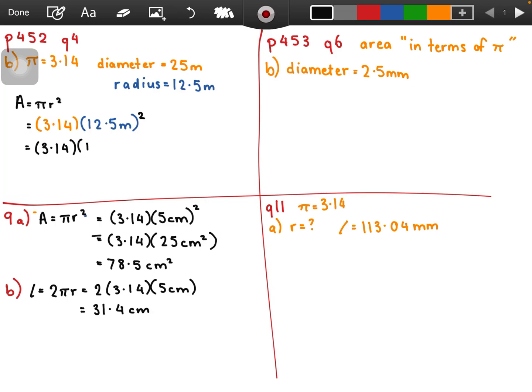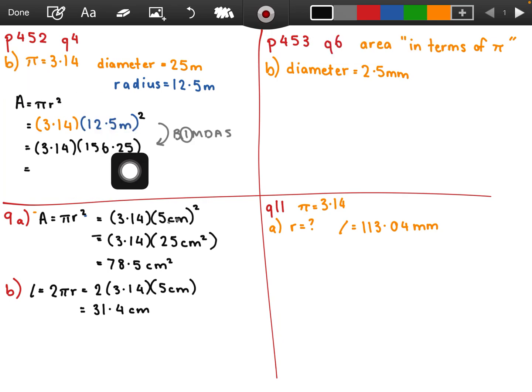Remember, it's being squared, so we have to square 12.5. We're not doing anything with the 3.14 yet, we are just squaring the 12.5 so that we get 156.25.